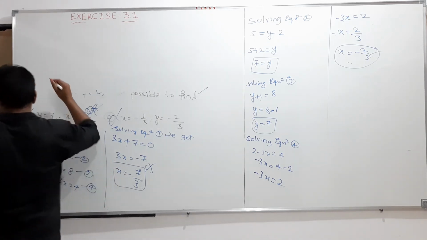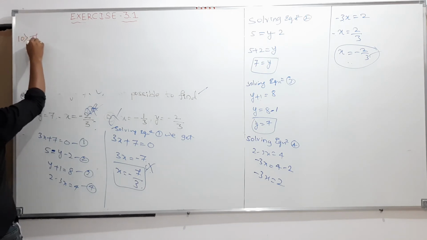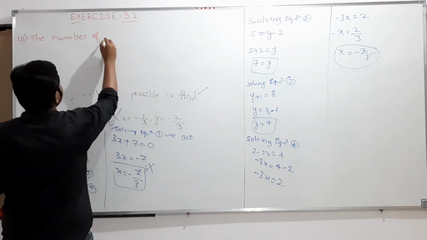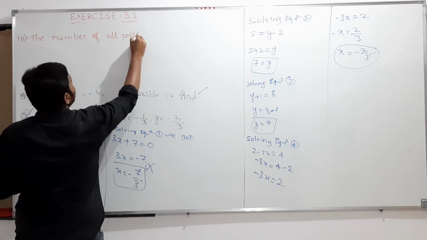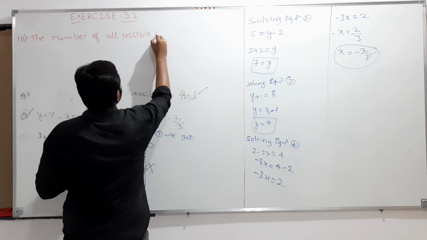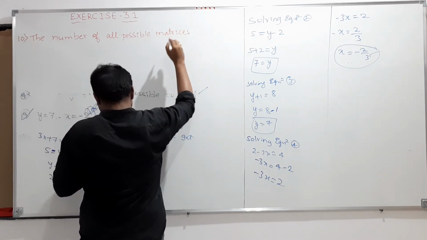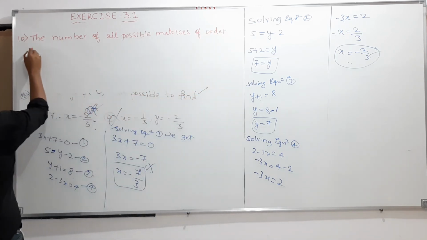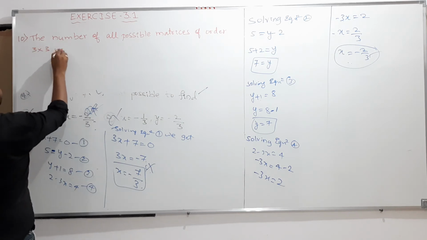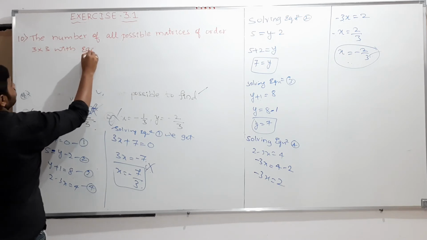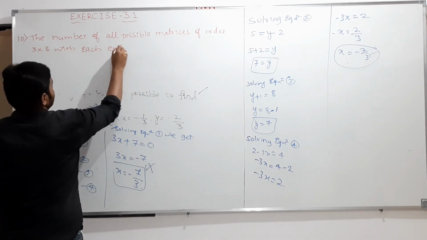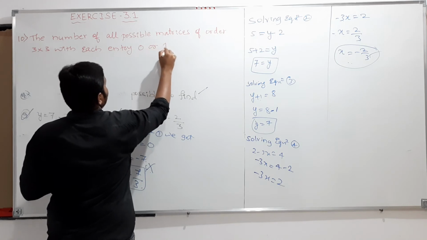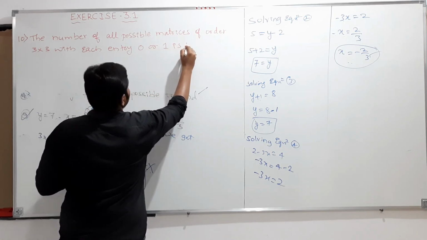10th question: the number of all possible matrices of order 3 cross 3 with each entry 0 or 1 is.